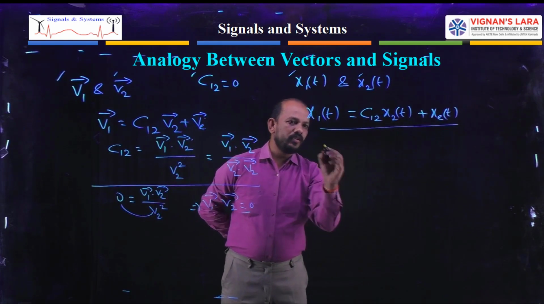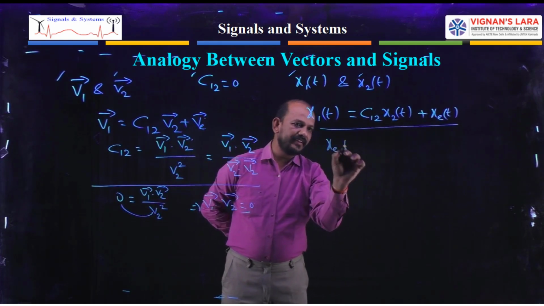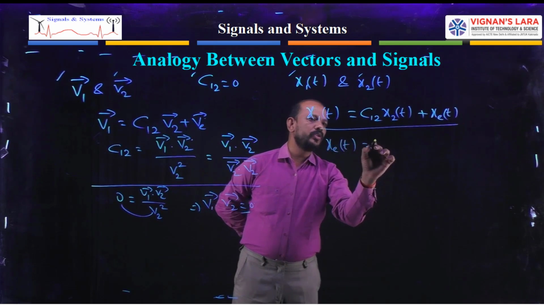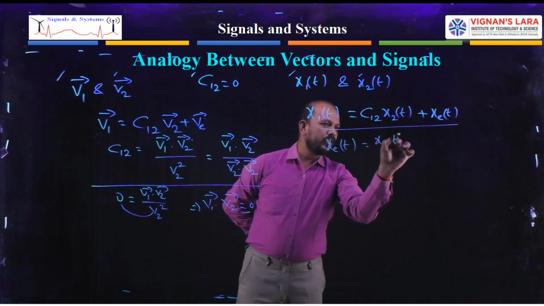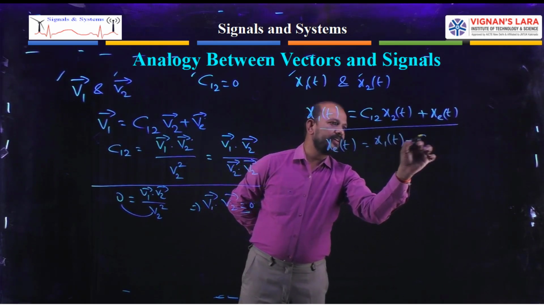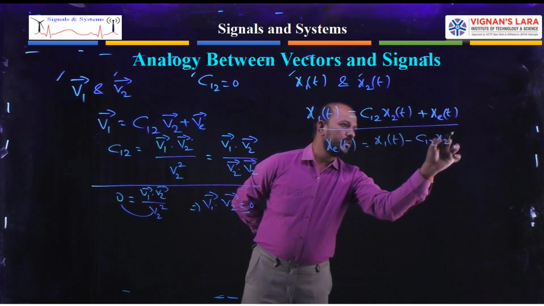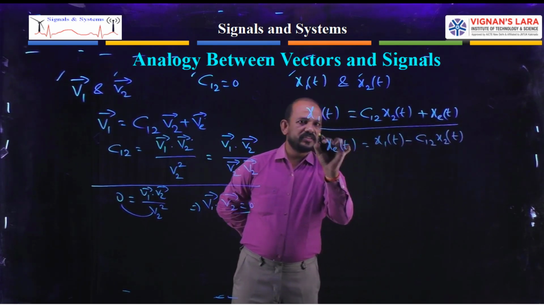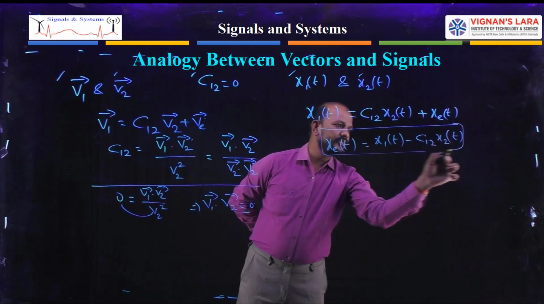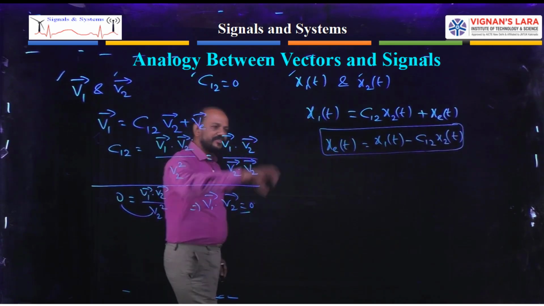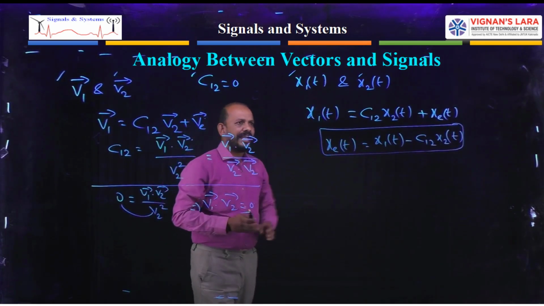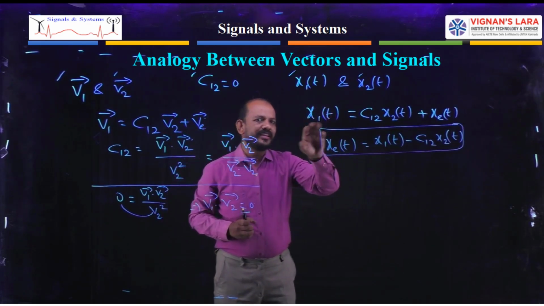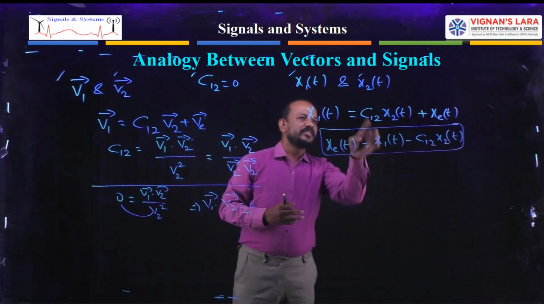What is the error signal now? I need the error signal xc of t, which will be equal to x1 of t minus c12 x2 of t. So this is our error signal. When this error signal is minimum, then the approximation of x1 of t is almost equal to c12 x2 of t.